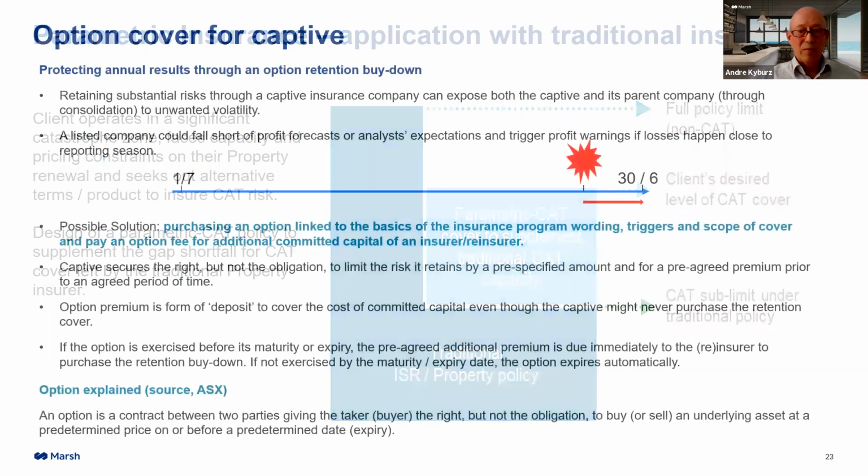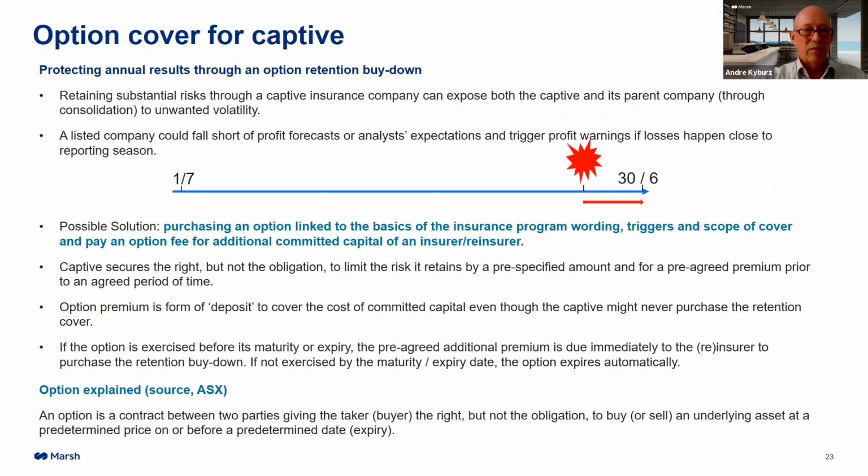We're running out of time, so I'm just going quickly over this. This is another concept that I developed many years ago. It's sort of like a financial market option where you go to a reinsurer and say, can I pay you an option premium to secure committed capital?